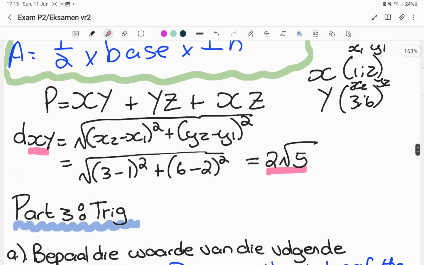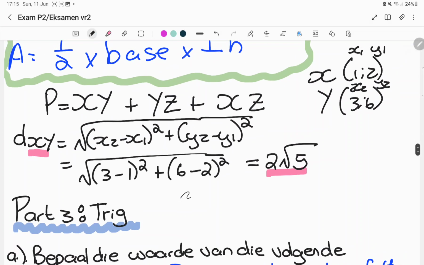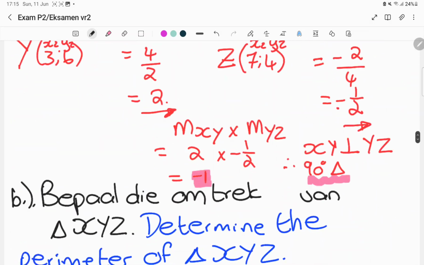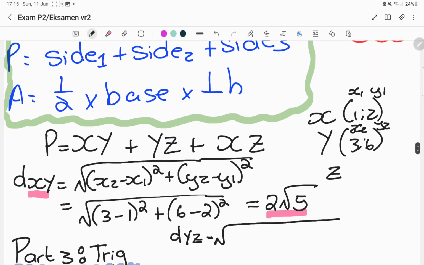Alright, let's do the same for the distance of YZ. Alright, so we know the formula. Let's just quickly get my Z coordinate. So my Z coordinate is 7, 4.